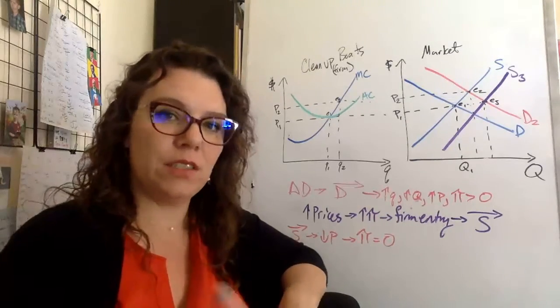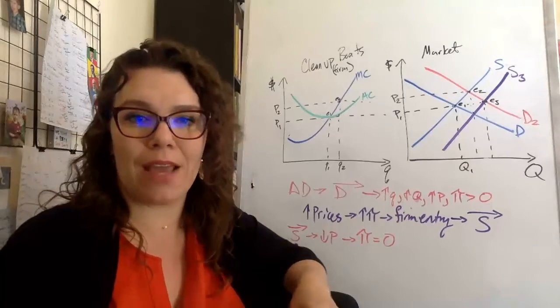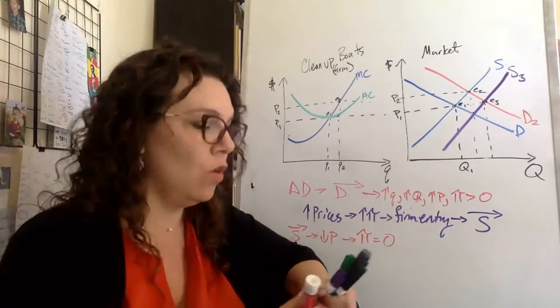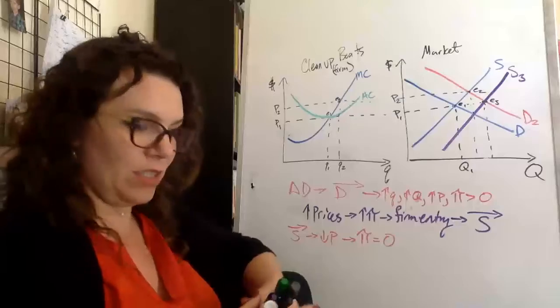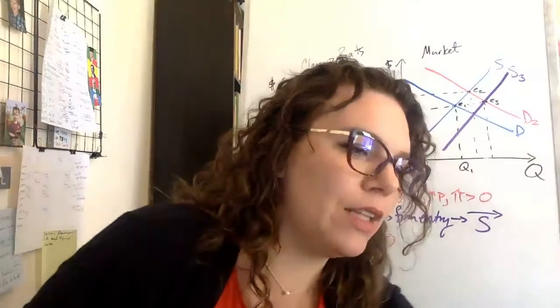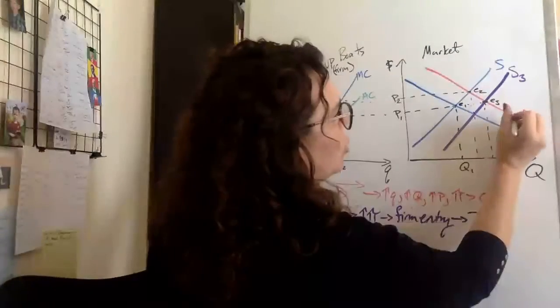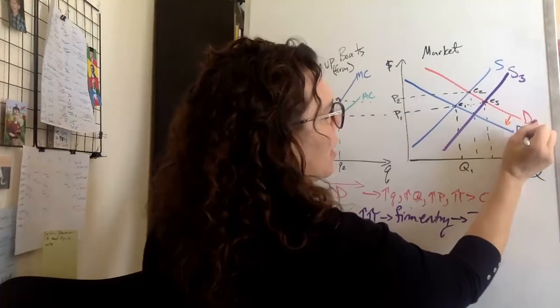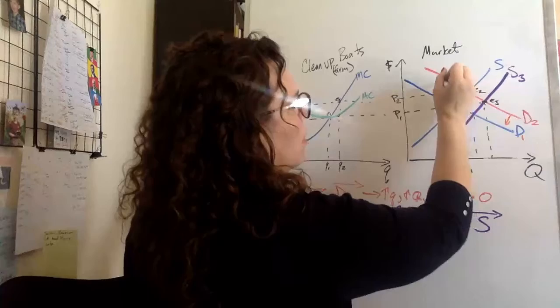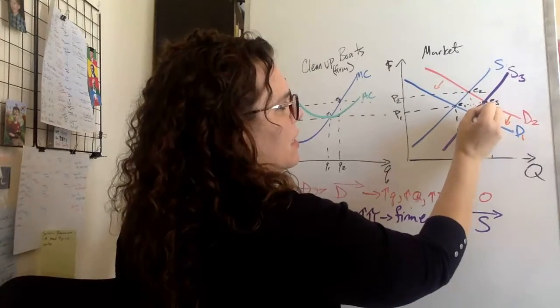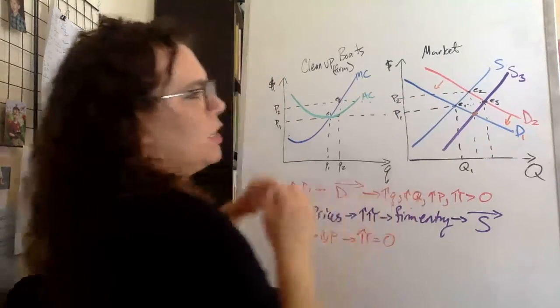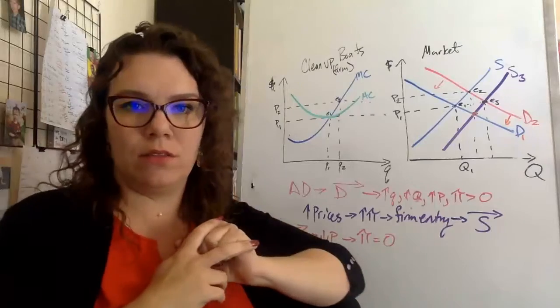What happens if the shift in demand was temporary? Well, if the shift in demand was temporary, I'm going to get one more color in here. We'll see demand 2 shift back to demand 1, which means this new equilibrium is going to prevail.